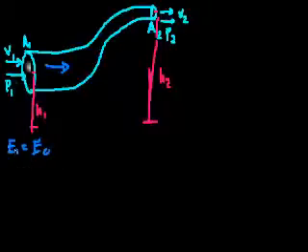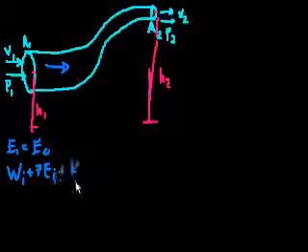Well, what's the energy that you put into a system, or that the system starts off with at this end? Well, it's the work that you input plus the potential energy at that point of the system, plus the kinetic energy at that point of the system.